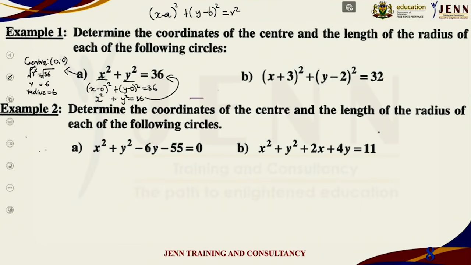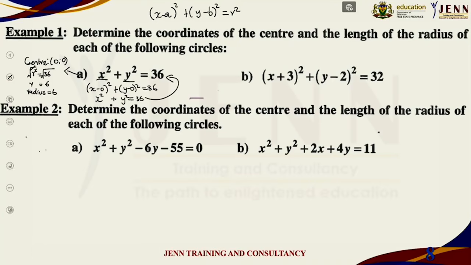The question says we must determine the coordinates of the center and the length of the radius. Isn't it so? So for you to determine the coordinates of the center, remember my beautiful children, let's go back to the standard form.